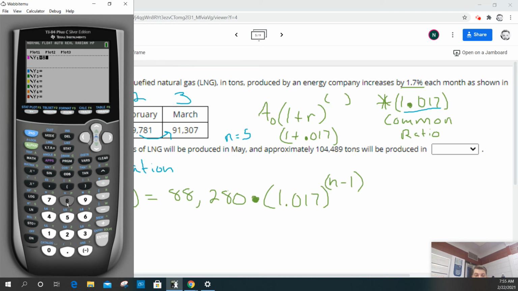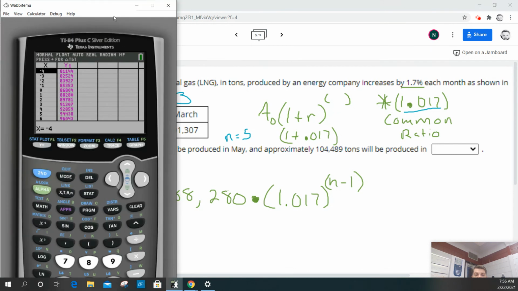I'm going to say 88,280 times, and then in parentheses, 1.017, close my parentheses, and raise that. Now here I have to put x minus 1 because I don't have n. Now I'm just going to jump right here to the table, so I'm going to hit second table.